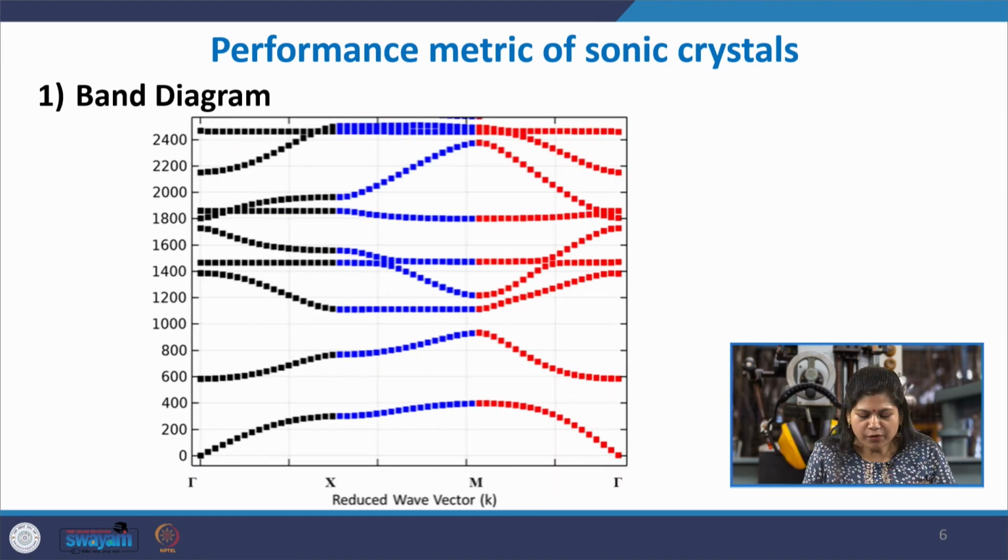Now, if you notice this figure clearly, you can say that at these frequency ranges there is no direction through which the sound wave is passing. At different frequencies, the sound wave can take different propagation directions to pass through the crystal, but here there is vacant space.